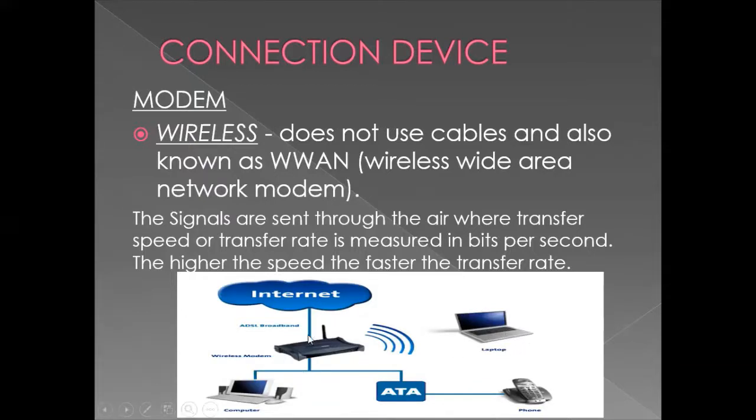People can access a Wi-Fi hotspot or any wireless modem and access data wirelessly. Your phone is also a wireless device. If your computer has a wireless adapter, it can be connected to the wireless modem. See, the laptop is connected wirelessly. So this is the setup.